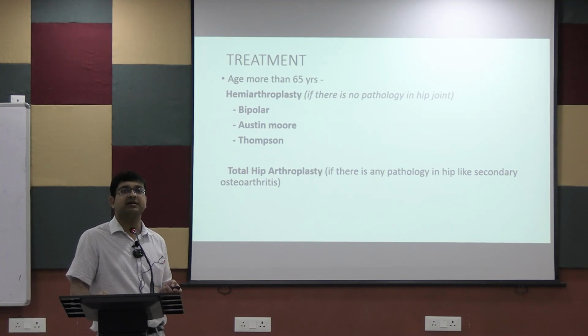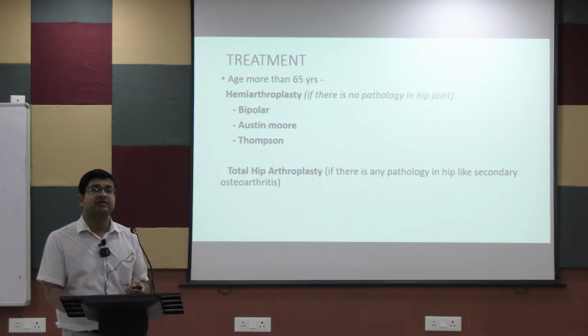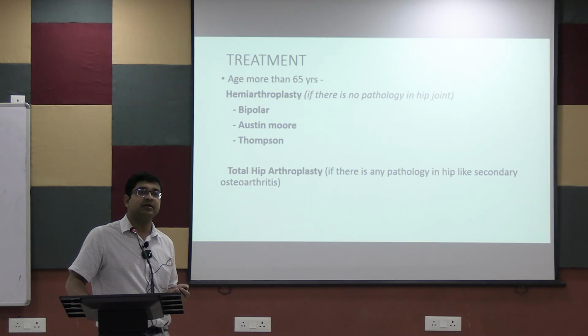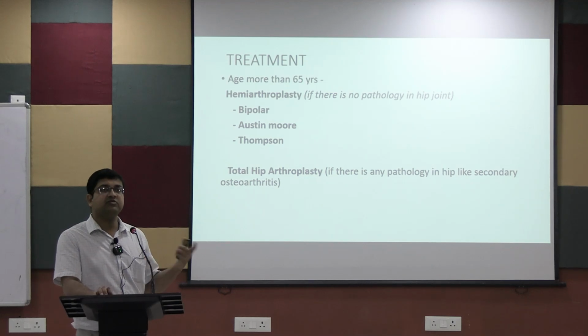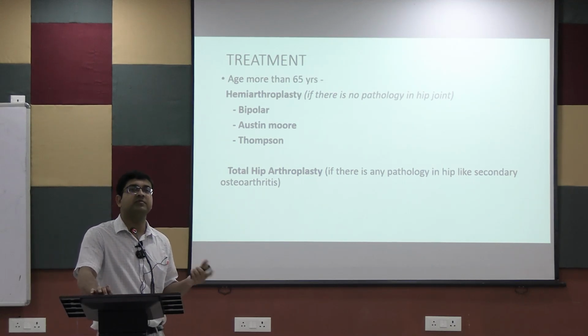Hemiarthroplasty মানে কি? হ্যাঁ বল, হেমি মানে কি? আরেকটা আর্থোপ্লাস্টি মানে জয়েন্ট রিপ্লেসমেন্ট। ঠিক আছে, হেমি মানে হচ্ছে হাফ, আর্থোপ্লাস্টি মানে হচ্ছে জয়েন্ট রিপ্লেসমেন্ট. So hemiarthroplasty. So if the age is more than 65 years, there is no requirement to preserve the femoral head.